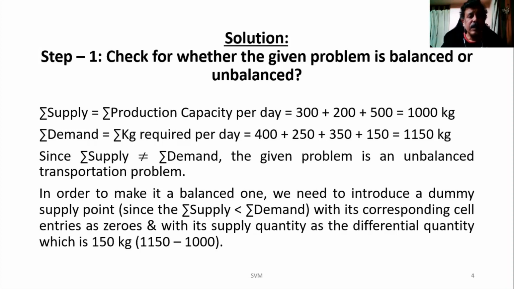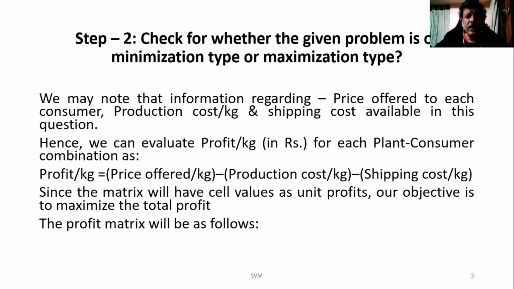So further we may note that the question is given as the price offered to each customer, and then it is also giving you production cost per kg, and a table is given for shipping cost from each source point to each destination point.